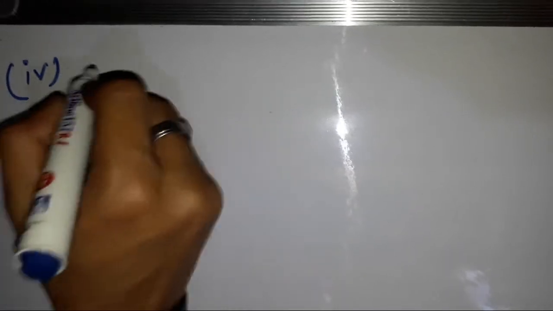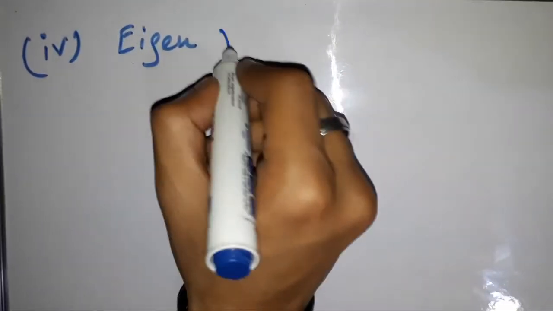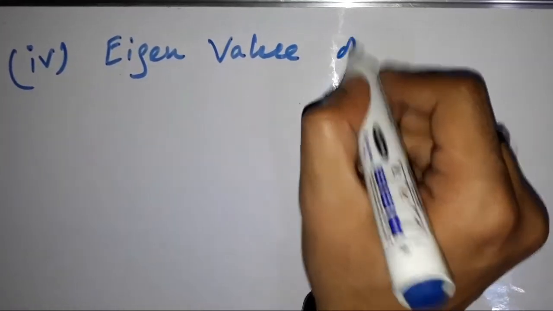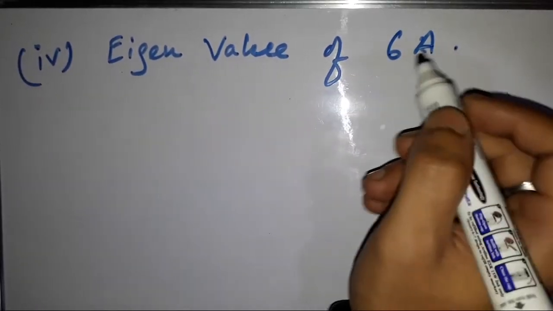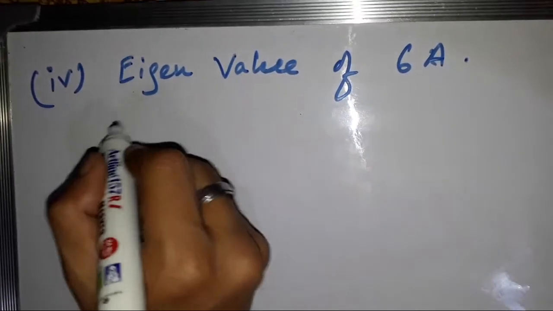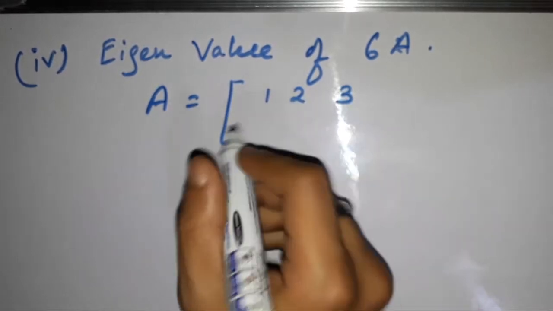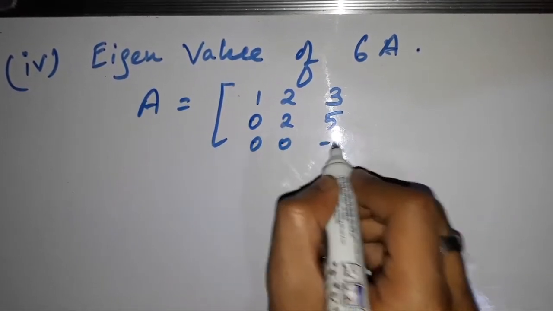Now the fourth part, we have been asked to find the eigenvalues of 6A. This is quite simple. We have the matrix A as [1 2 3; 0 2 5; 0 0 -1].